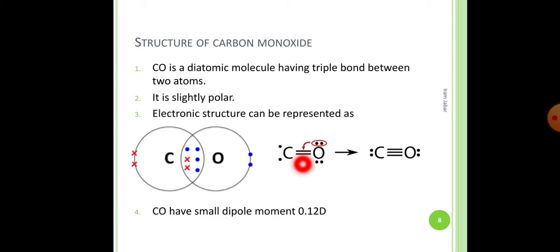First of all, we will discuss carbon monoxide. Carbon monoxide is a diatomic molecule. This diatomic molecule has a triple bond between the carbon and oxygen atom. These two atoms have a triple bond just to satisfy the valency of the atoms.